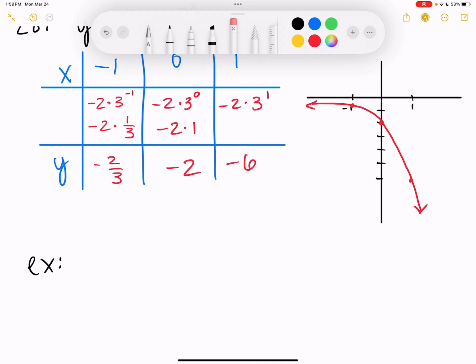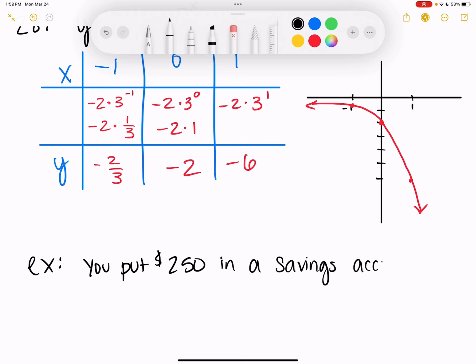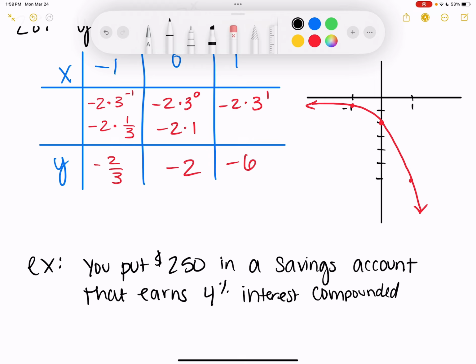So you put $250 in a savings account that earns 4% interest, compounded yearly.